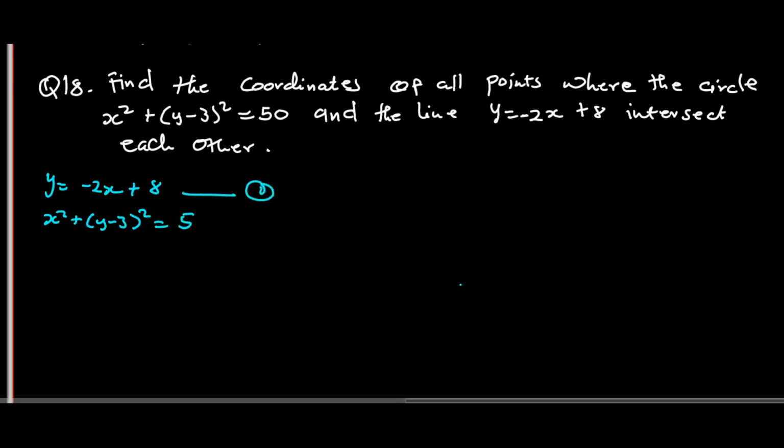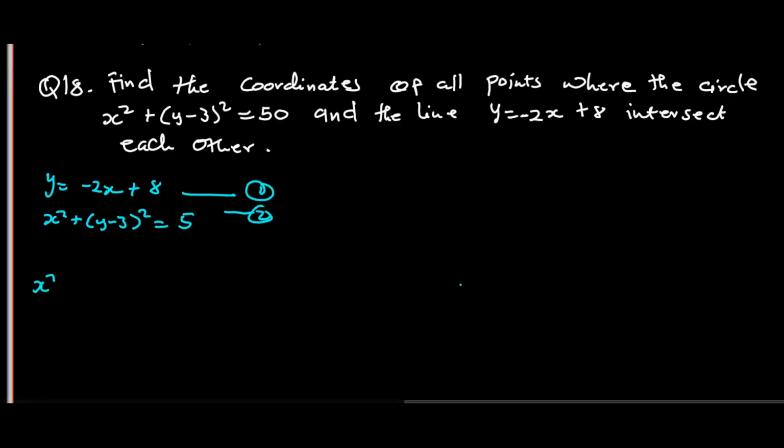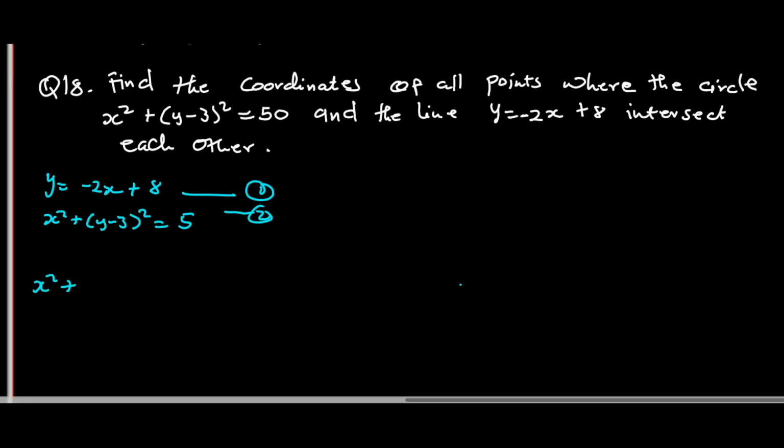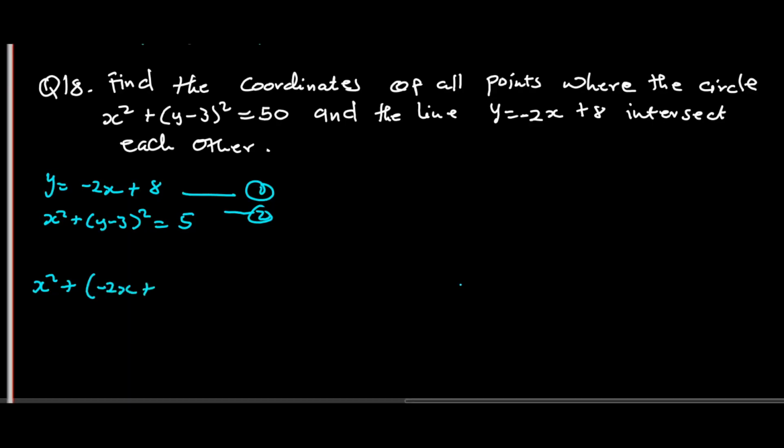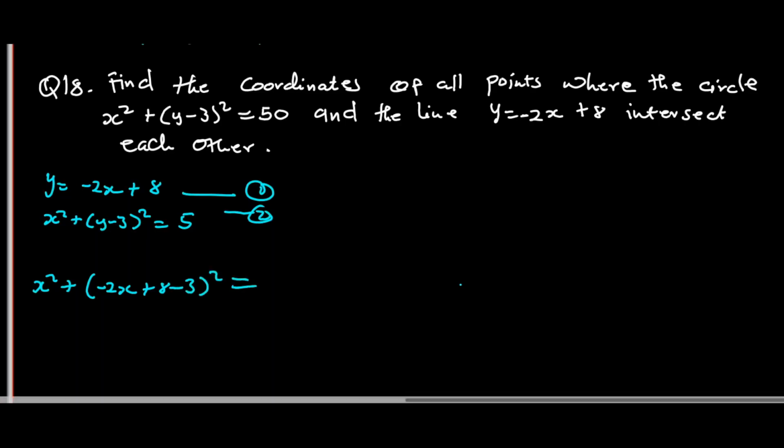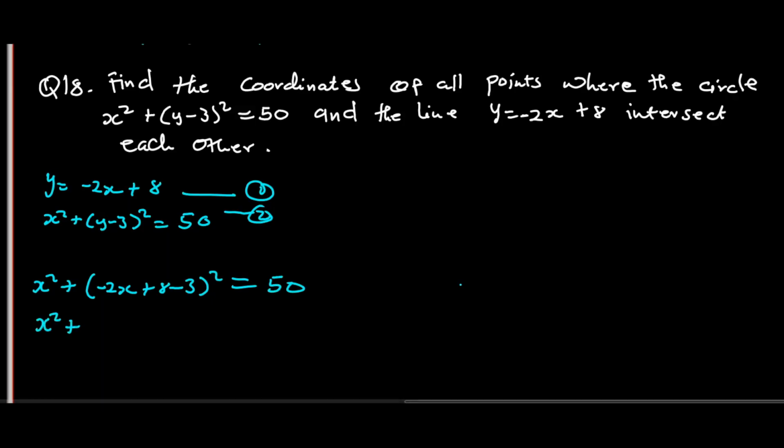So equation 1, equation 2, we substitute equation 1 into 2, and we have x squared plus, now we have our y, and our y is -2x plus 8, so we can put that in, and we'll have -2x plus 8 minus 3 all squared equal to 50. Now when we simplify whatever we have here, we have x squared plus -2x.